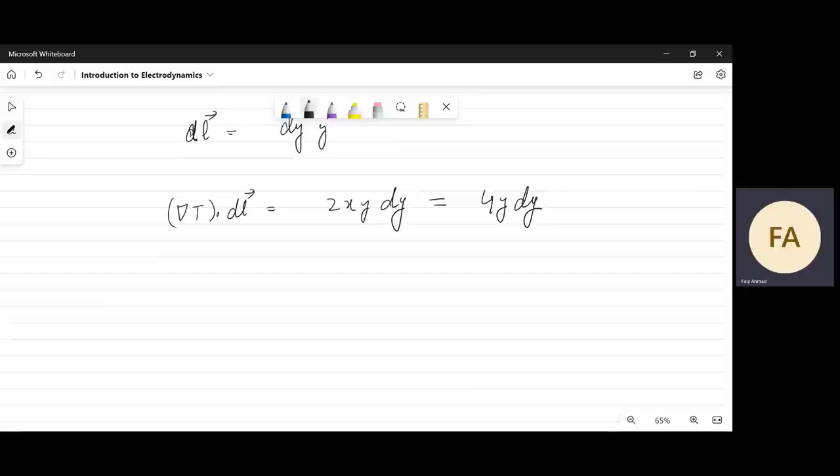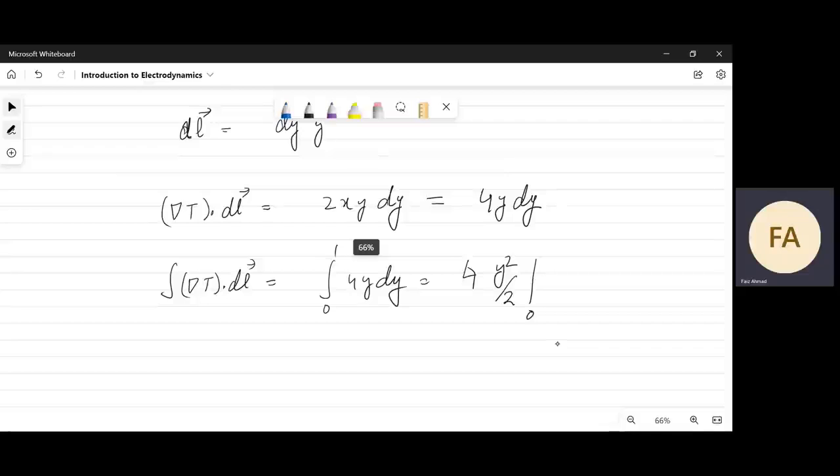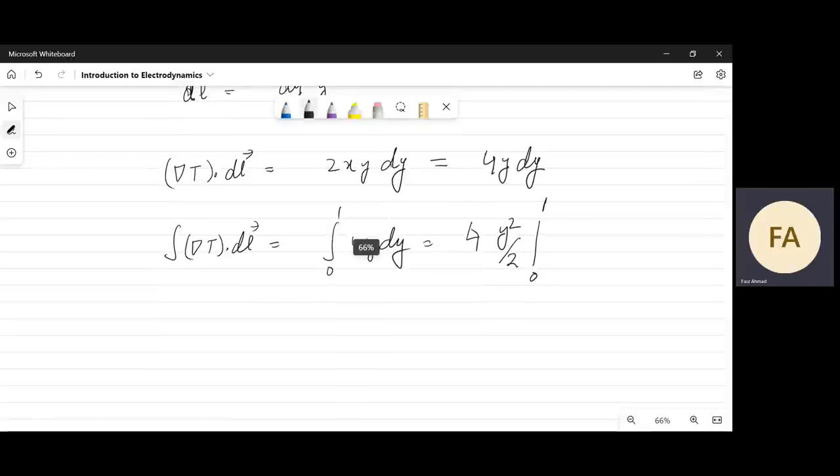If we take the integral of delta T dot dl, then the integral is from 0 to 1 of 4y dy, which is 4y squared by 2 from 0 to 1, so it will become 2.